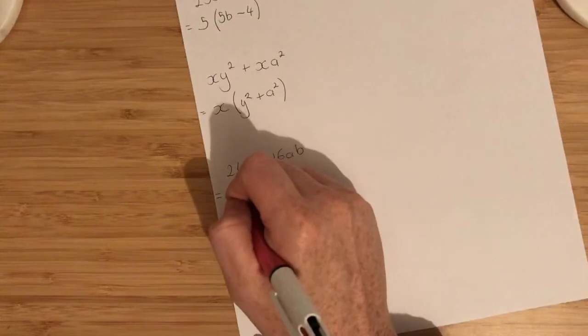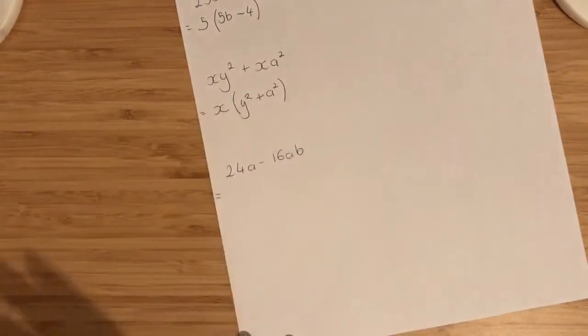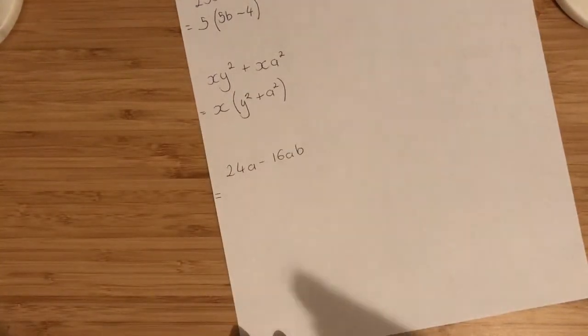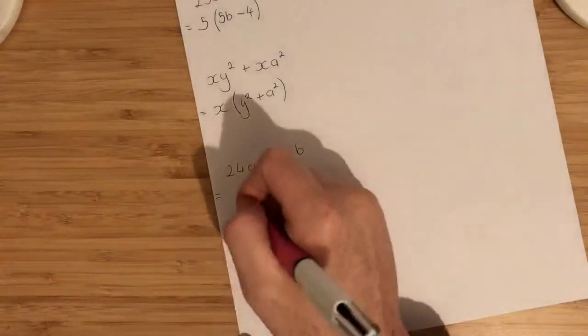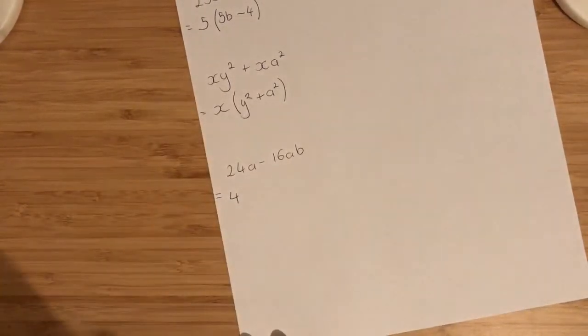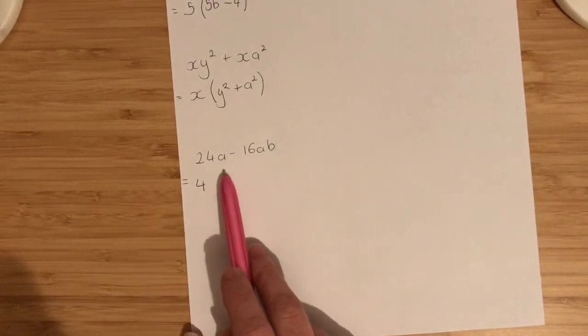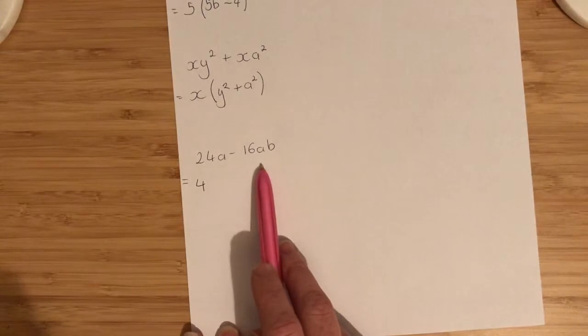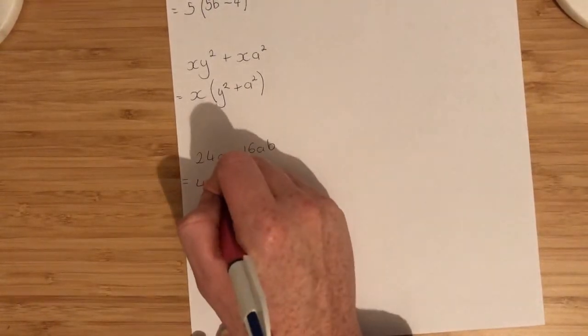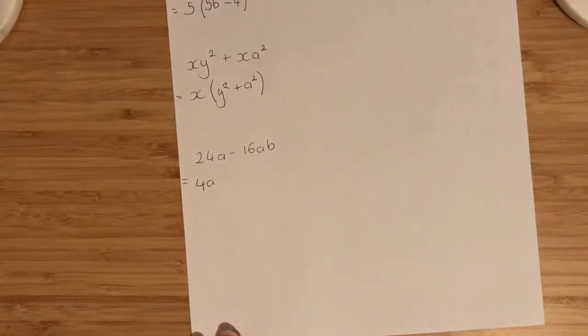That would be 4, would be the highest one that goes in. They both also can be divided by 2, but you're always looking for the highest one. So 4 goes into both of them. And are there any variables that are in both of these terms as well? And yes, there is, because there's an a in this one and an a in the second one. So we have 4a as the highest common factor.